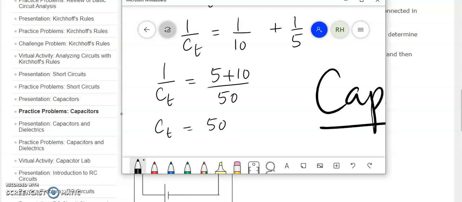So it's going to be 50 divided by 15, which is 3.33 farads.